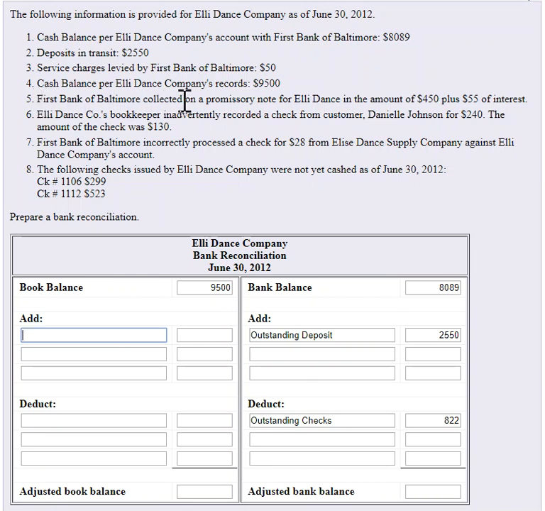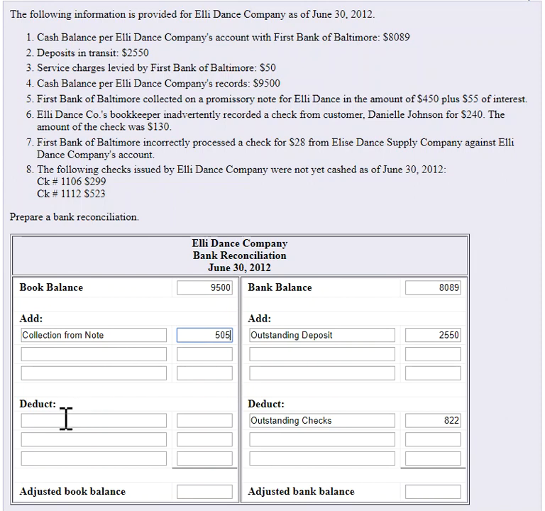First Bank of Baltimore collected on a promissory note for Eli Dance in the amount of $450 plus $55 in interest. So we call that a collection on a note. And that is going to be in the amount of $450 plus $55, which is $505.